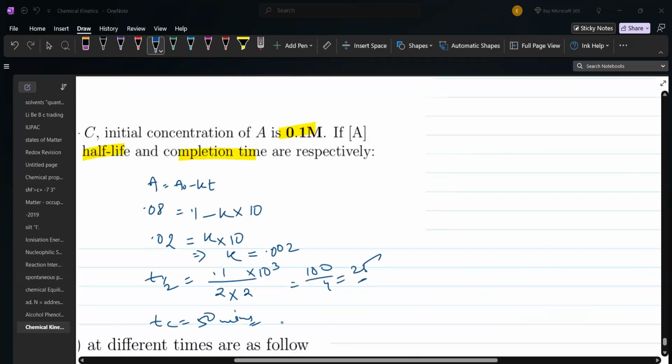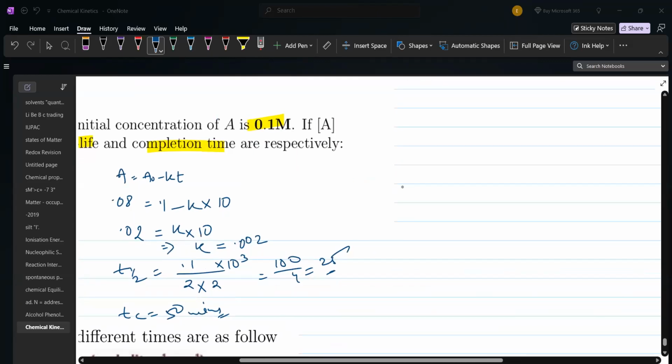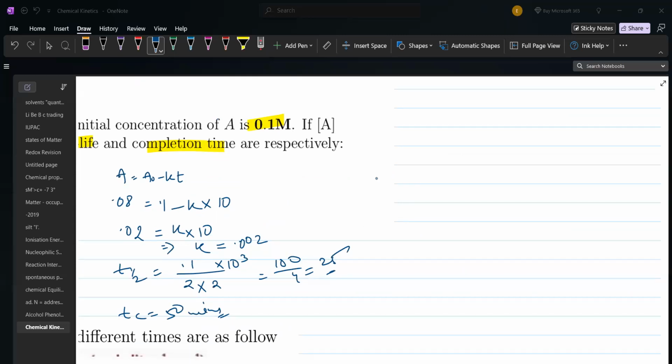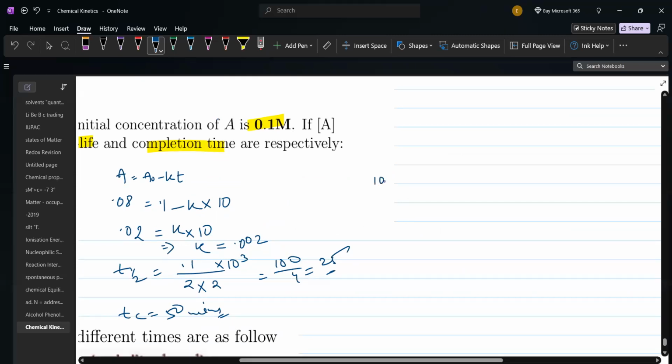Yes, sir. So see, one thing I want to tell you: for example, if we have initial concentration 100, and after some time, which is t half, it will become 50. So we can say that after a naught upon 2k time, this concentration has become half, right?